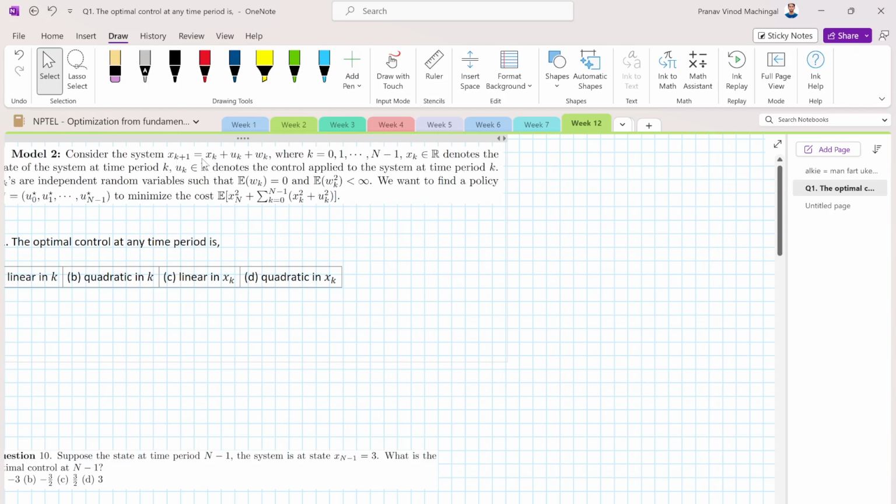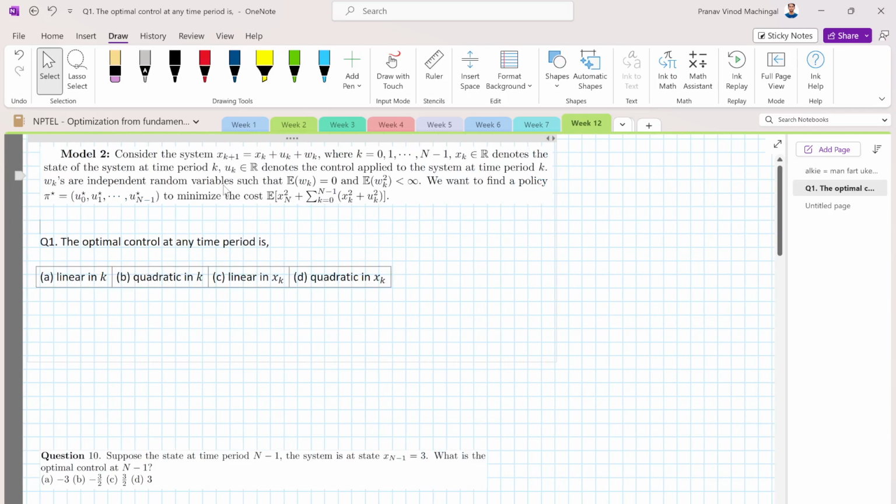This is not exactly like the inventory control problem where you had xk plus uk minus wk, but here you have xk plus uk plus wk, and uk is some sort of control applied to this system which is linearly evolving, and the wk's are random variables with mean equal to 0 and bounded variance, and we want to find some policy pi star to minimize the cost of this form.